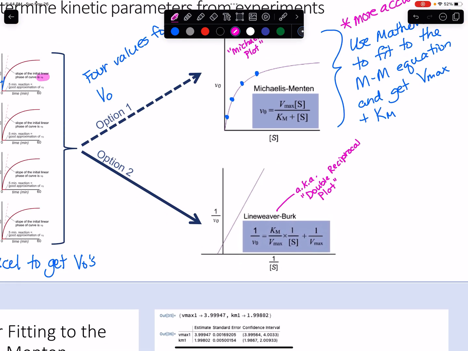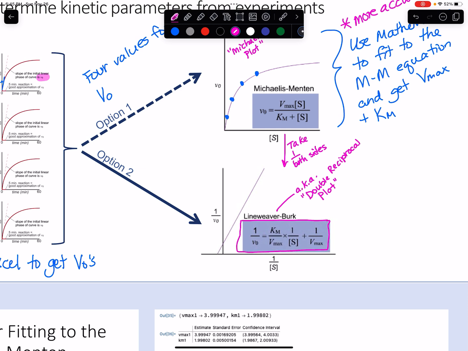Now, the Lineweaver-Burk, if you just take the reciprocal of 1 over V0, okay, and 1 over this side, right? So 1 over both sides, what you get is this equation right here, okay?